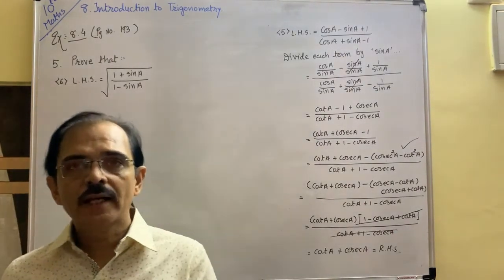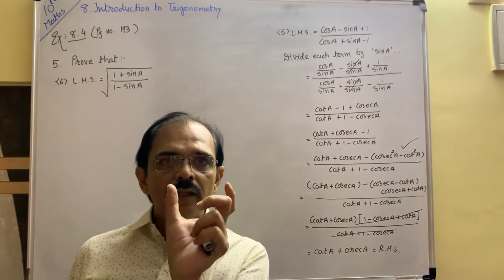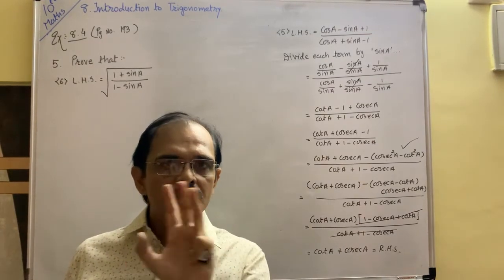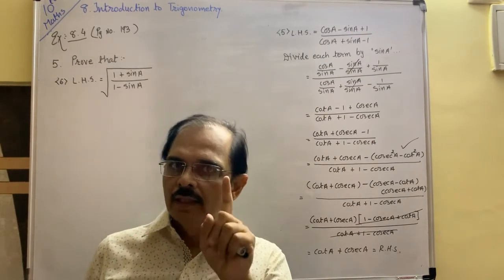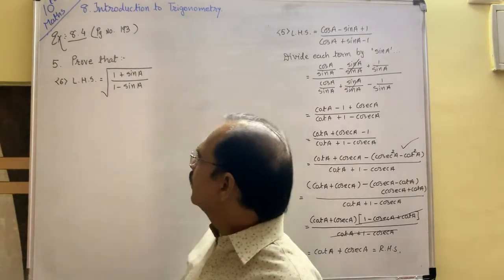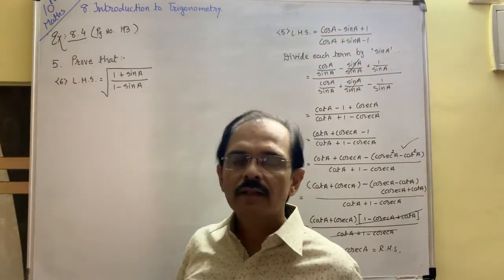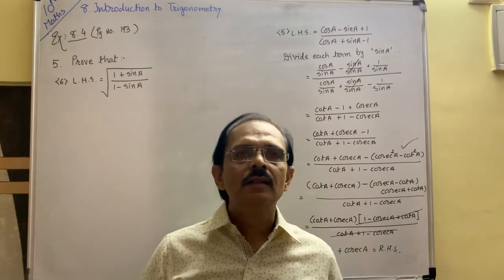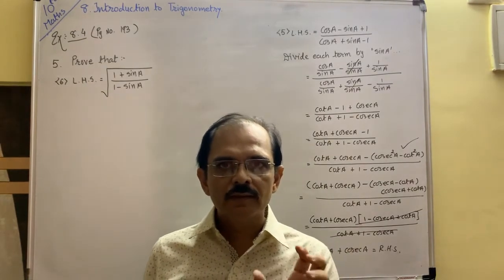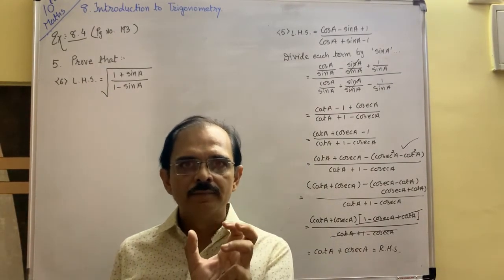I want to prove sec A plus tan A in numerator. In denominator, nothing. Nothing means 1. It means what? I want to simplify this denominator and I want to bring 1 in the denominator. Is it okay? This is the method how to think.